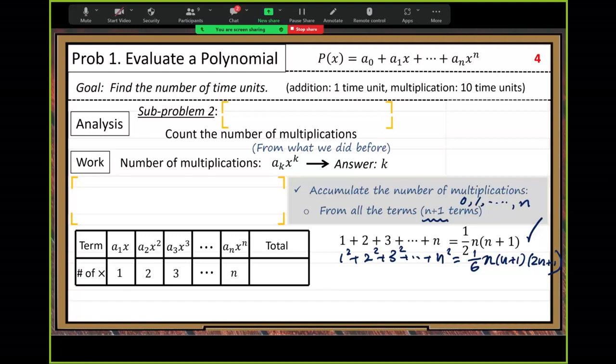So then the answer, the total number of multiplications, is 1/2 times n times n plus 1.